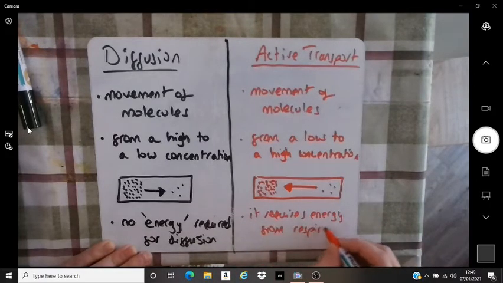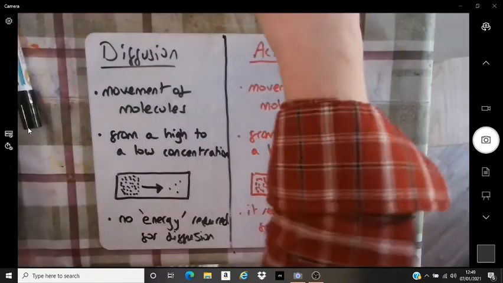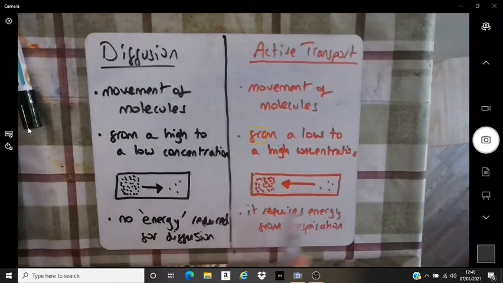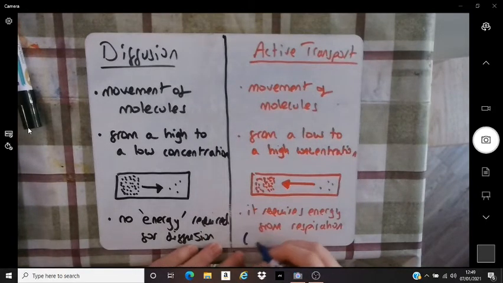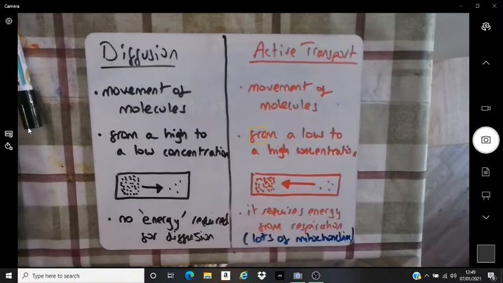So here's a little pro exam tip for you. If you know a cell or a tissue is doing active transport, I can guarantee right now that those cells and tissues would have loads of mitochondria to provide the energy that they release by respiration, the energy to move these molecules against the concentration gradient.